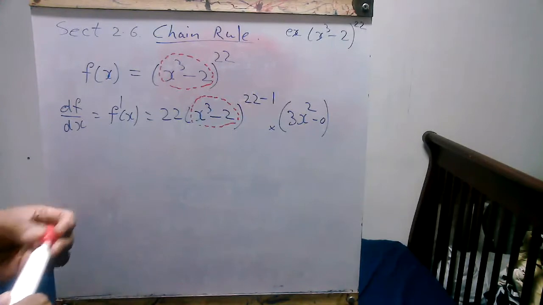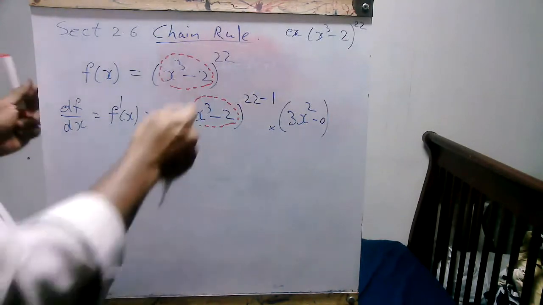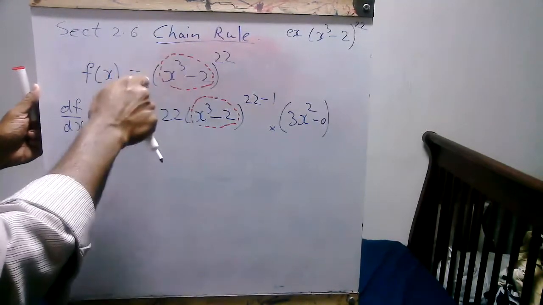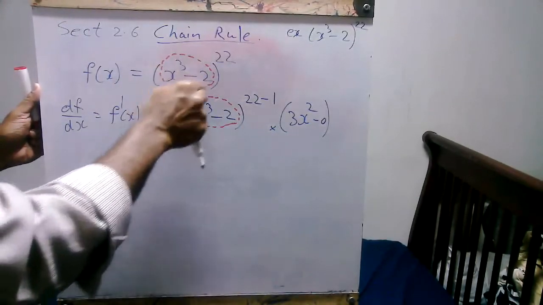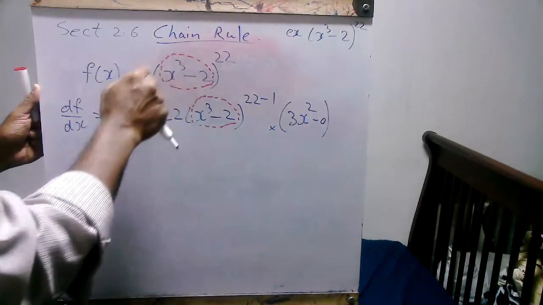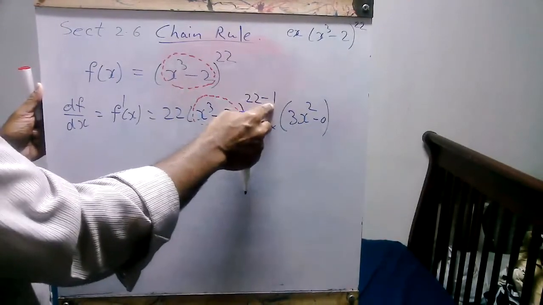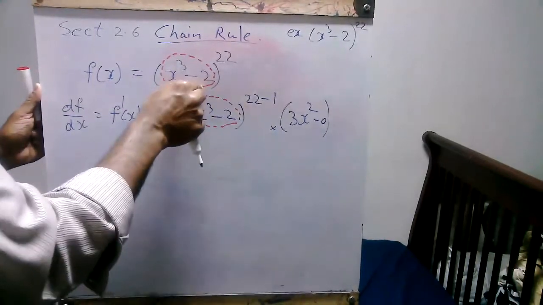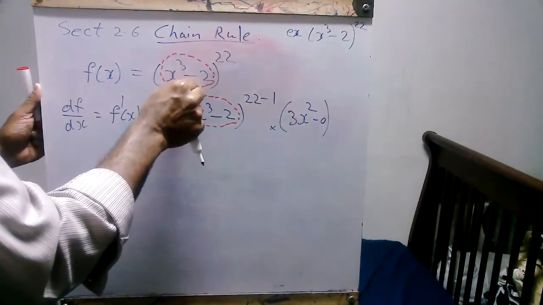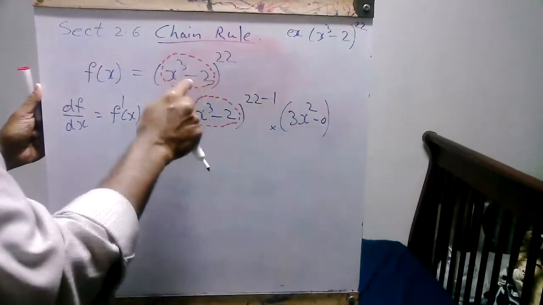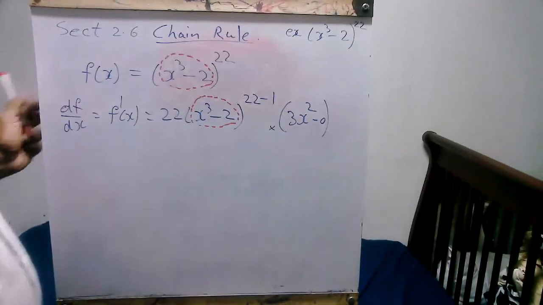That's it. Understood? I'll go through it again. 22 comes to the front. We assume this as a separate function. 22, that function to the power 22 minus 1, multiplied by the derivative of that separate function, which is 3x squared minus 0. That's it.